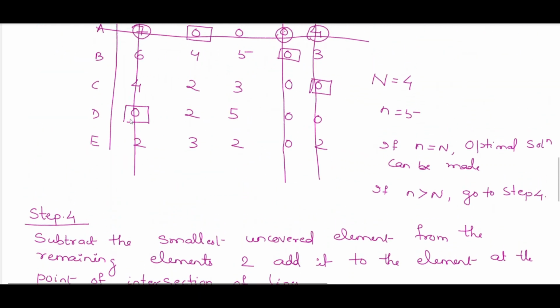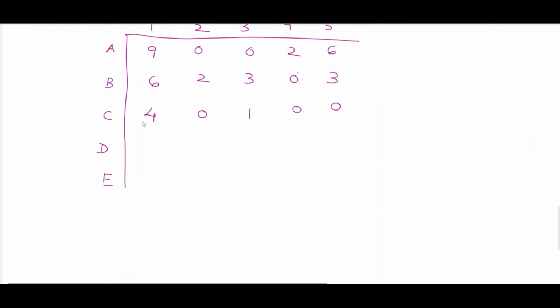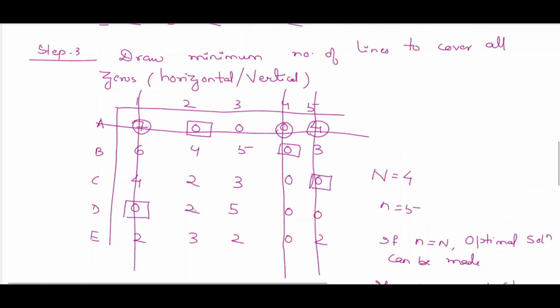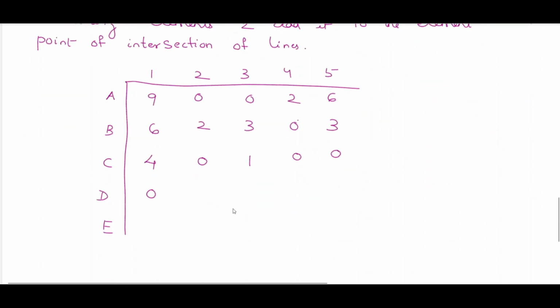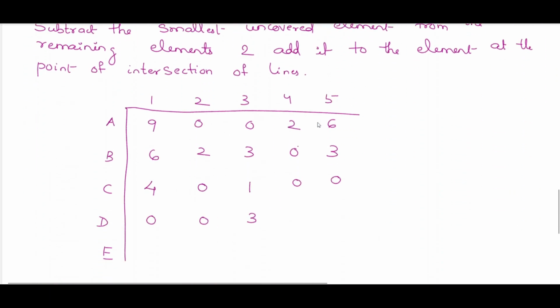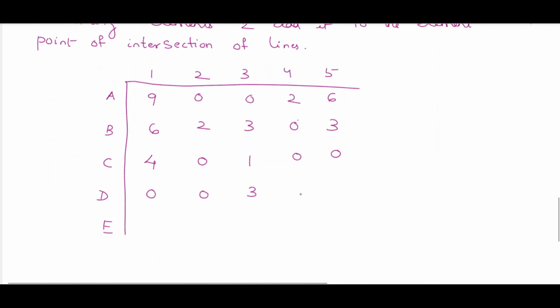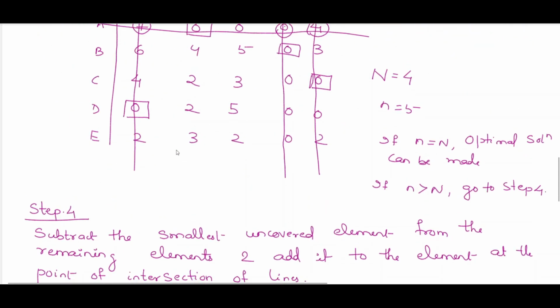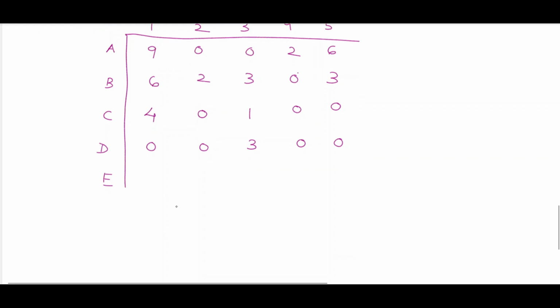Then the fourth row, this 0 will remain as it is. Here 2 minus 2 is 0, 5 minus 2 is 3. 0 and 3. Here these two zeros will remain as it is. Then in the fifth row, this 2 will remain as it is.